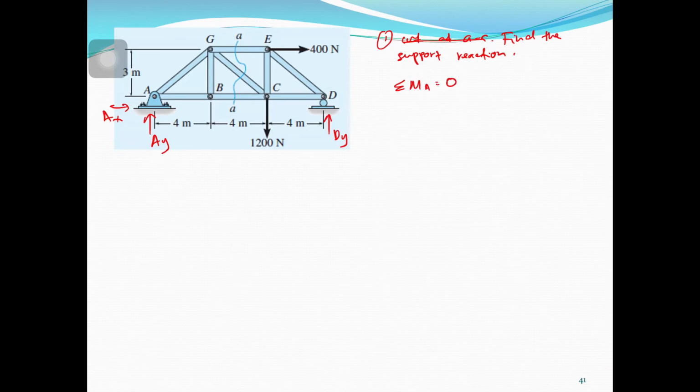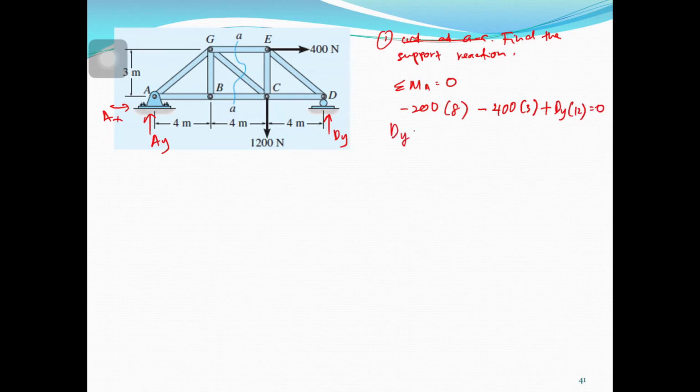You have minus 200 times 8, minus 400 times 3, plus DY times 12 equals 0.